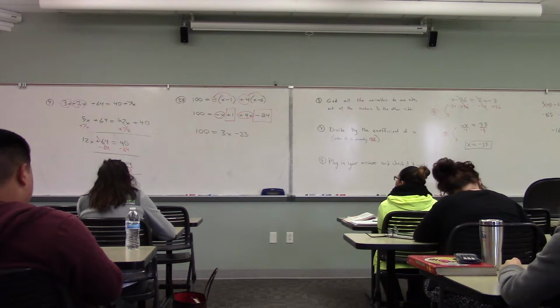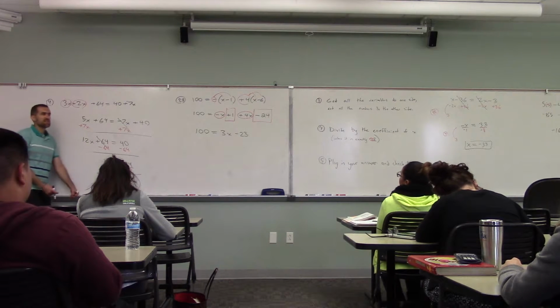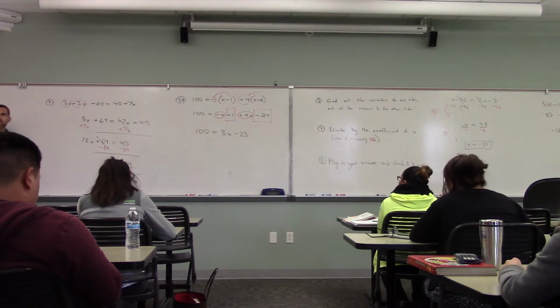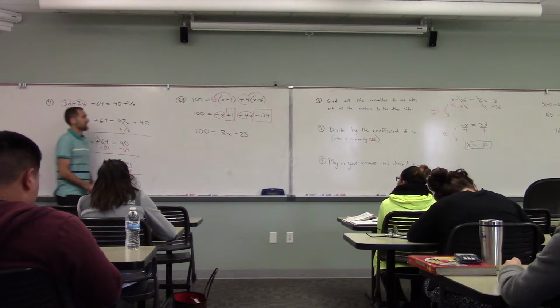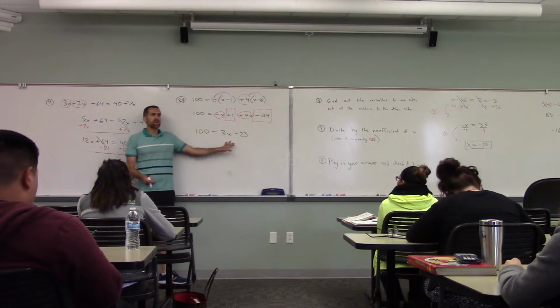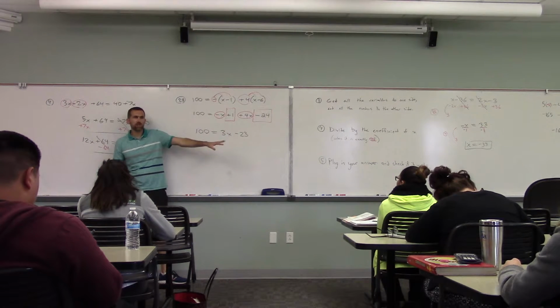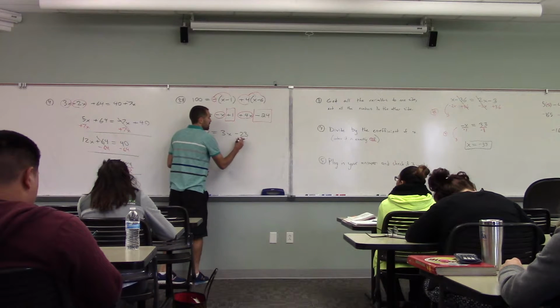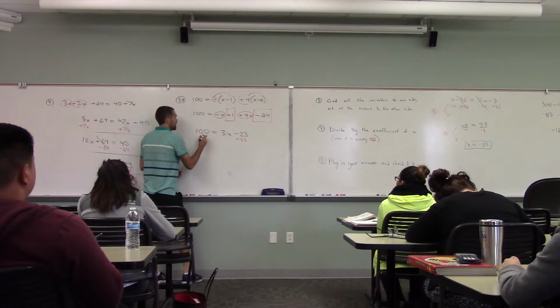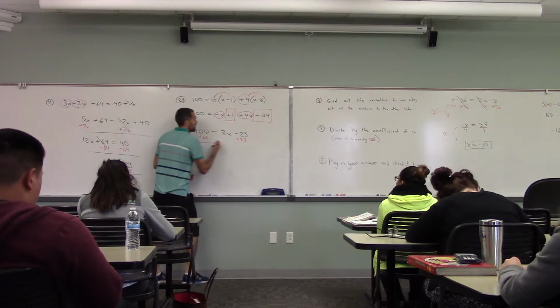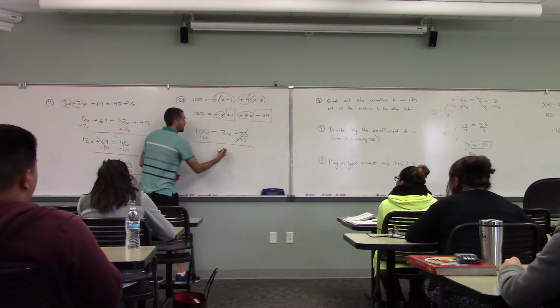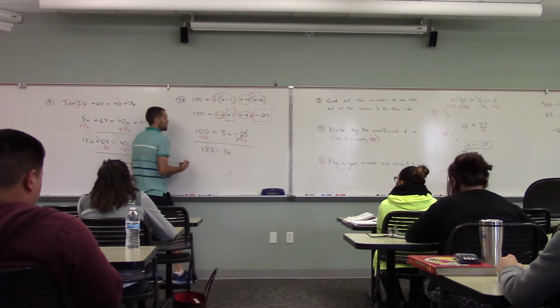So that's nice, all of our x's are already on one side. So what do we do? Just add 23. Since all the x's are on the right, you don't need to put them on the left. It's totally okay to solve for them on the right. So we add 23, add 23. And so we get 123.